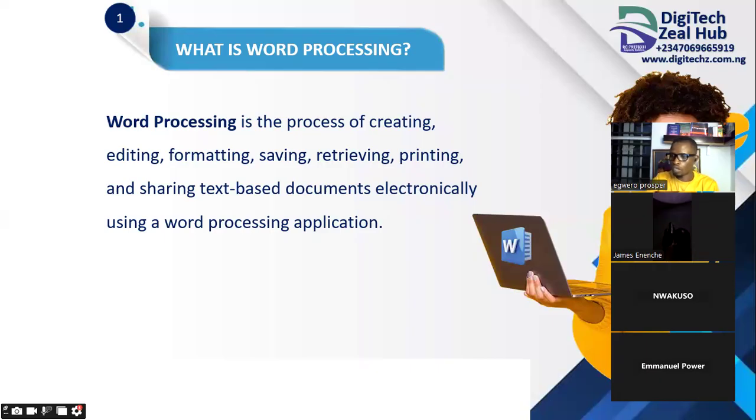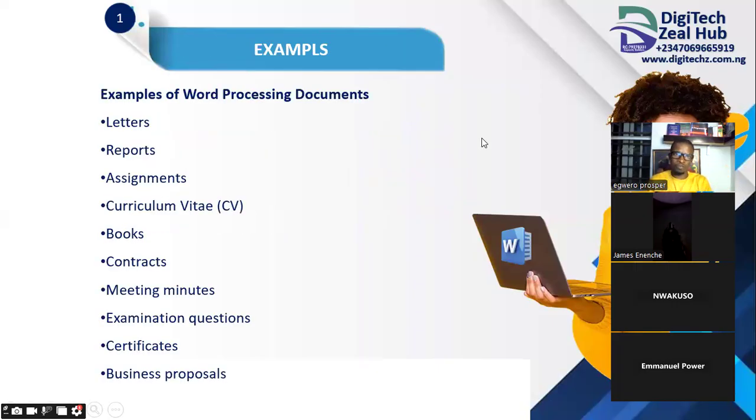Yes, sir. Okay, so let's proceed. So now, practically, we know what word processing is. Now, let's move to the next. Let's look at some of the examples of word processing documents. What are some of the things you should know how to process after this training? What are some of the items that ordinarily you will have been spending money on just because they want to process them for you?